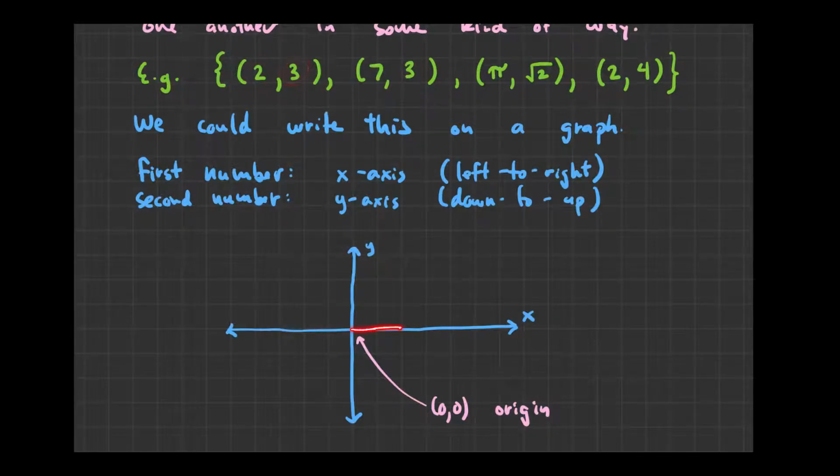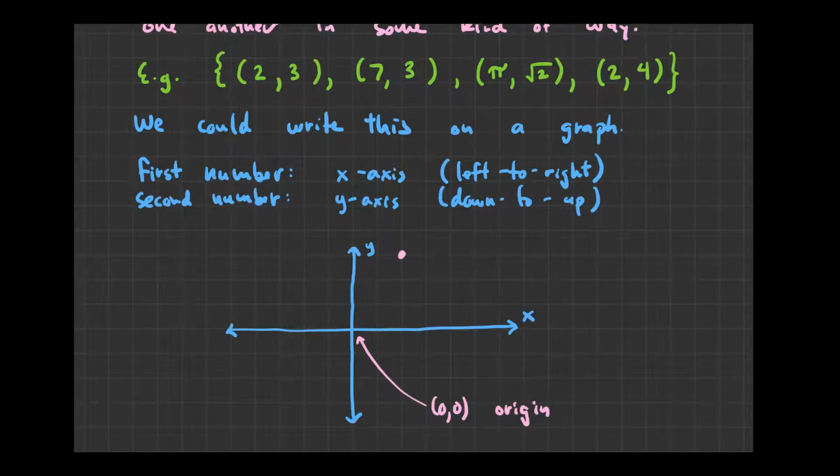So I'm going to go 1, 2 to the right, and then 3 up, 2, 3. And this would be the point 2, 3. So there's the first point in our relation, 2, 3. Then we're going to have another one over here, 7, 3. I should have thrown a few negatives in here, right? But oh well.